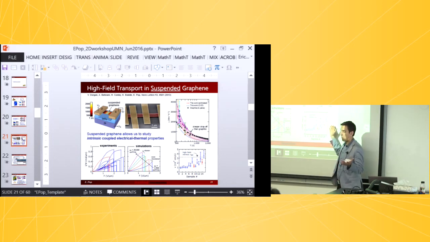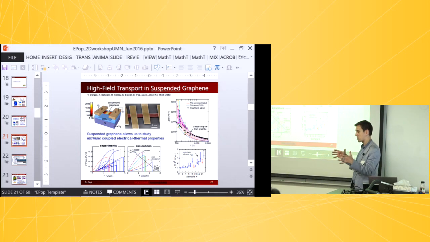So non-uniformity can do that. That's right. These measurements are done at high field, high temperature on a suspended sample, and these are actually not pulsed. We've done some pulsed measurements as well, but these are not pulsed because there was not significant hysteresis here. The pulse measurements are obviously good if you have hysteresis.